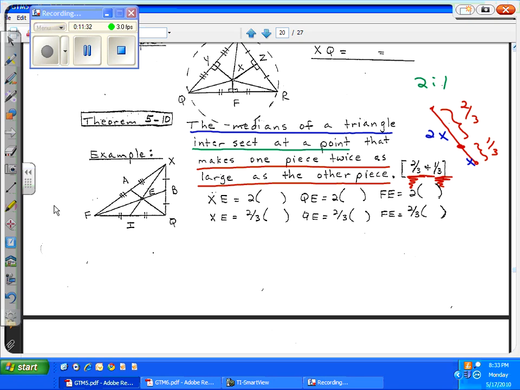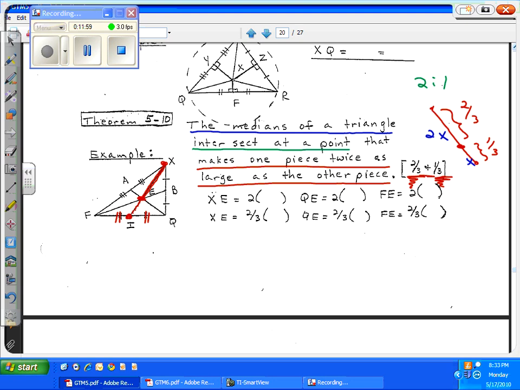Now, this is the way it's more properly written in a formal definition. The medians of a triangle intersect at a point that is 2/3. In other words, this point is 2/3 of the distance from the vertex. So if we go from the vertex to the midpoint of the opposite side, that's what a median is. It's a segment from a vertex to the midpoint.